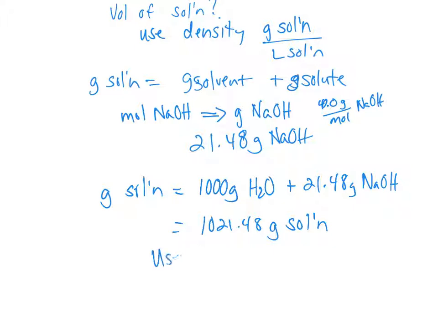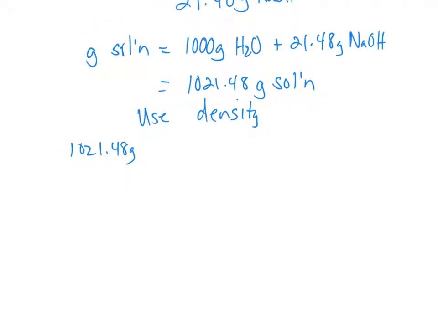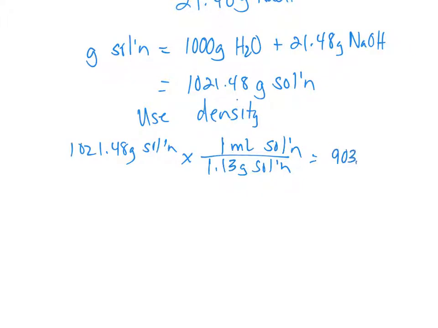And now we can use the density. 1,021.48 grams of solution, and the density was 1.13. So we can convert to the milliliters of solution using the density. We end up with 903.96 milliliters of solution.